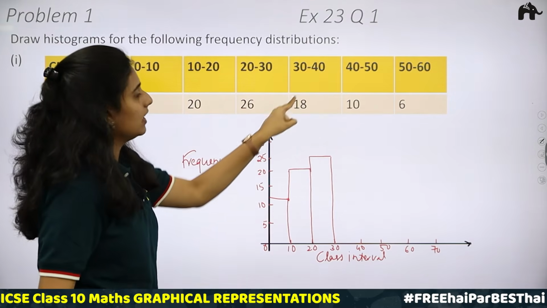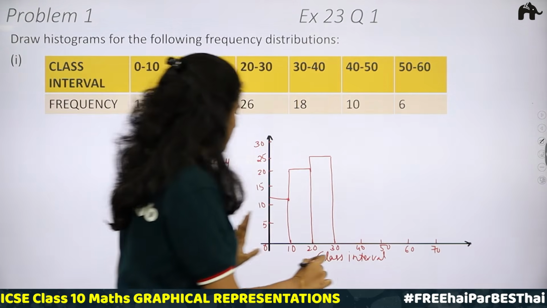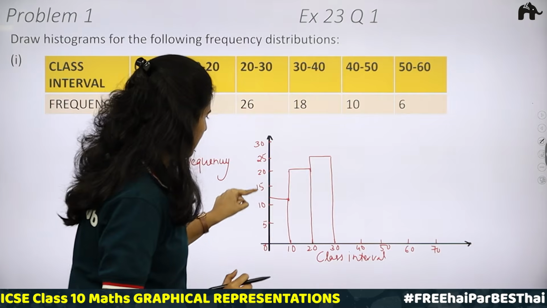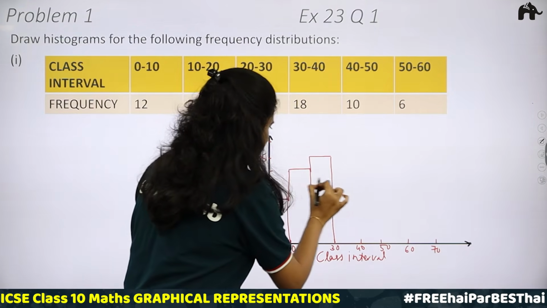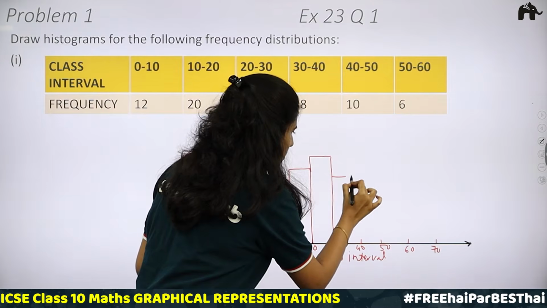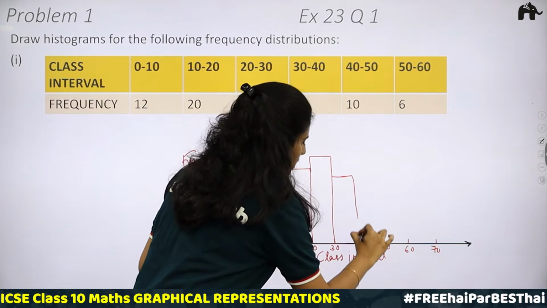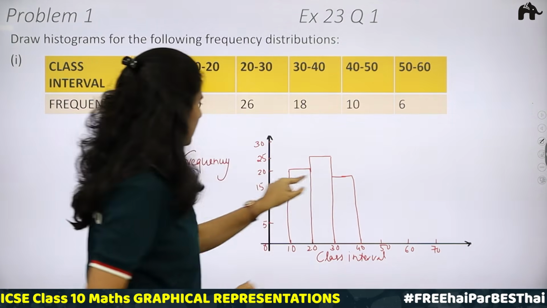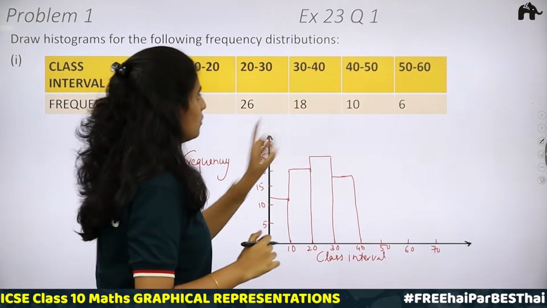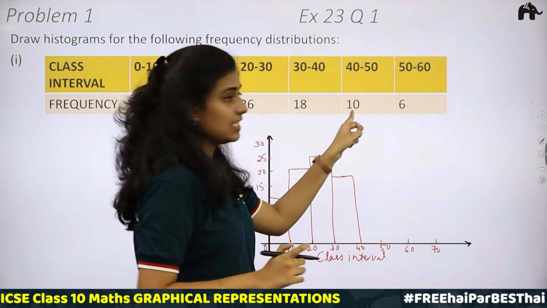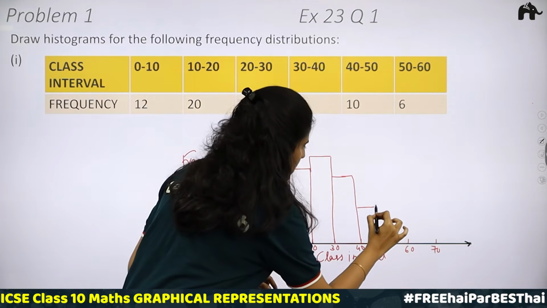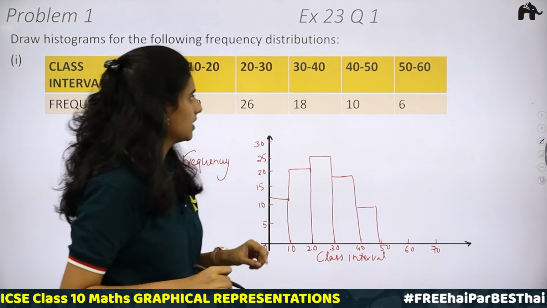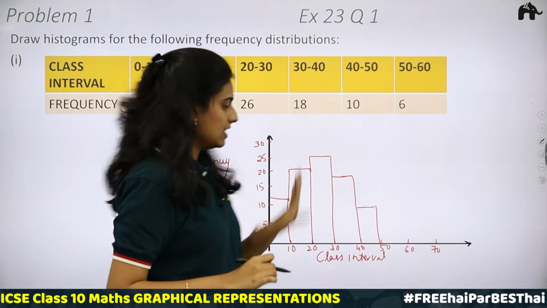Next, 30 to 40, it is 18. 18 comes between 15 and 20. So, somewhere here. Okay. So, 30 to 40, we have 18. Next, 40 to 50, it is 10. Here we have 10. 40 to 50, 10. 50 to 60, it is 6.